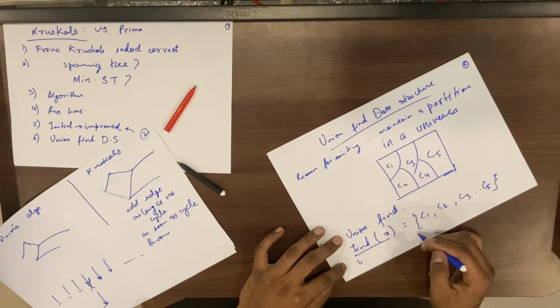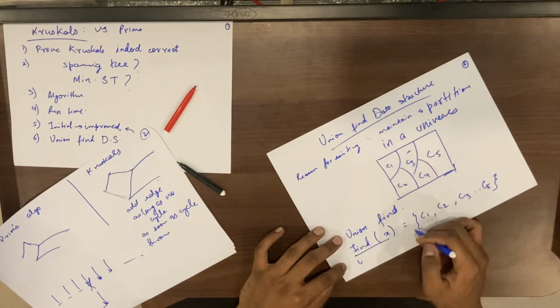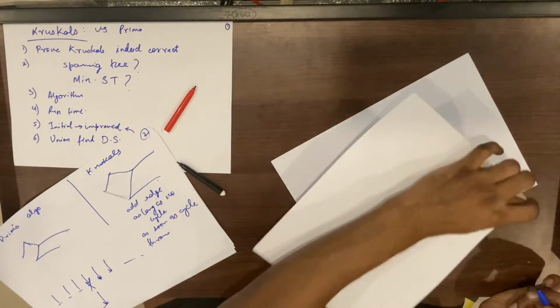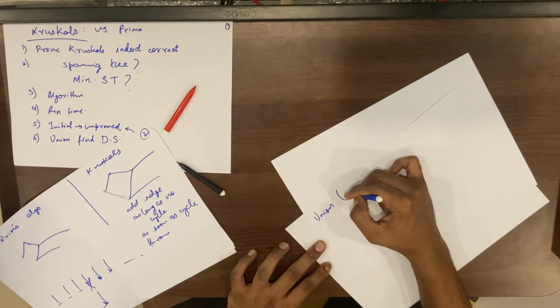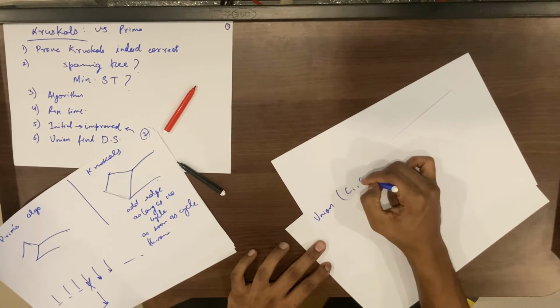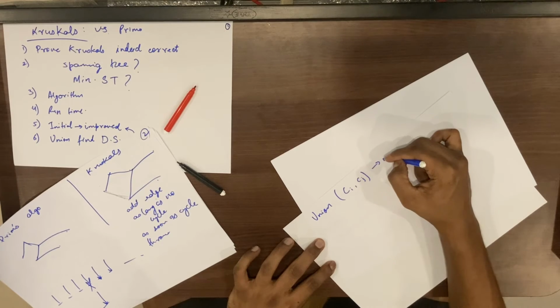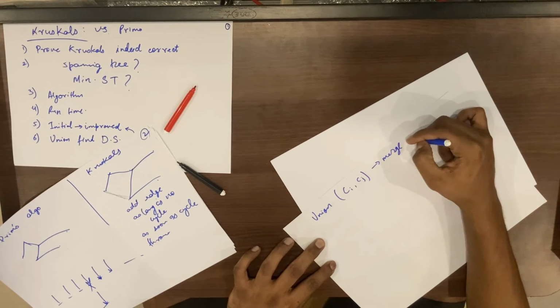So the find operation is pretty straightforward. I have an X, and it will tell me which partition X lies in. Union takes 2 arguments, Ci and Cj, and merges Ci and Cj together.